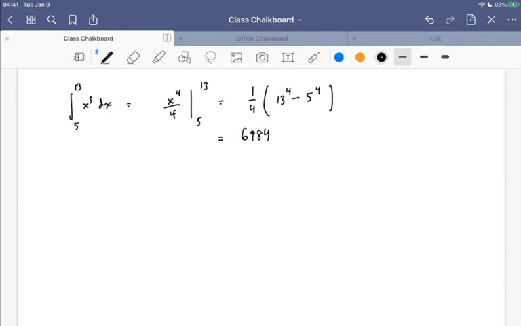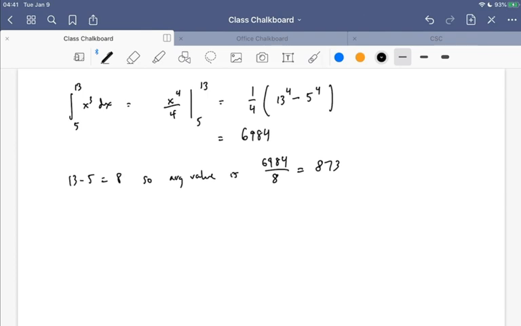Then the length of the interval, 13 minus 5, is 8. So 6984 divided by 8 is 873. That is what you should have got. So how did you get 909, I guess is the question?